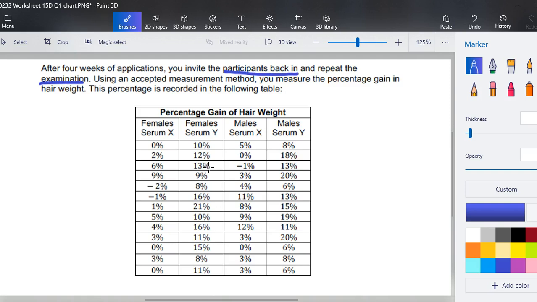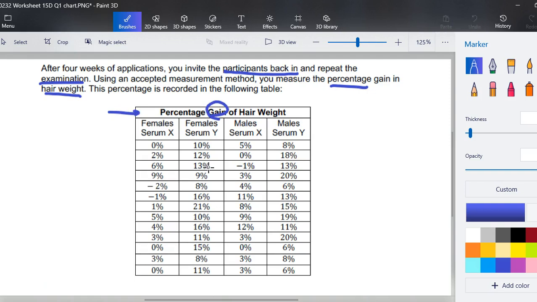Using an accepted measurement method, you measure the percentage gain in hair weight, and then the percentage is recorded in the following table.